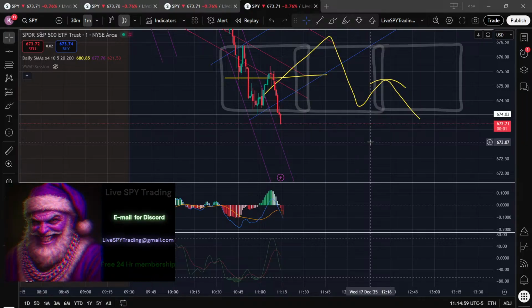Maybe next candle. Yeah, this is probably gonna be, hold on, I'm just focusing right now. I'm here. I'm just paying attention. Give me a moment.